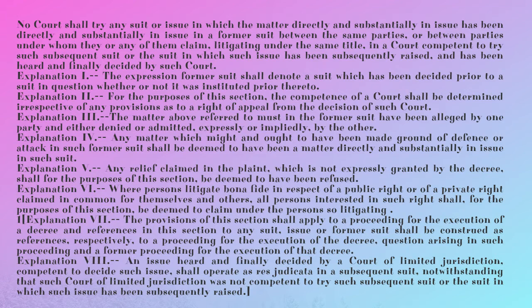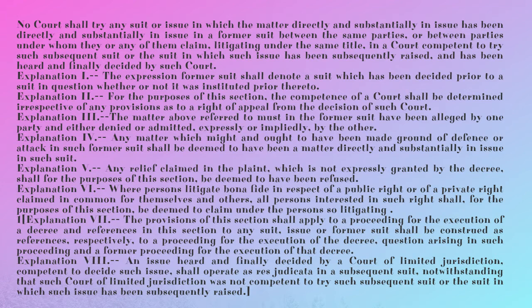Then whatever number of people come under the suit, they all will be regarded as parties of that suit. And this res judicata will also be applicable on the execution of decrees and orders.